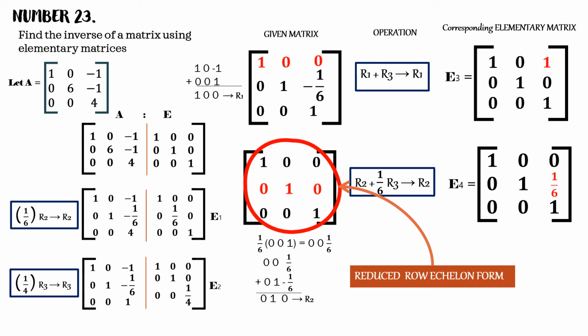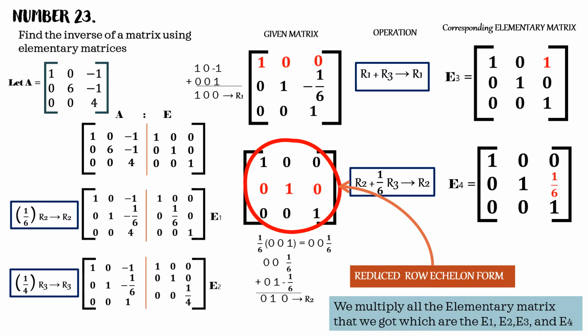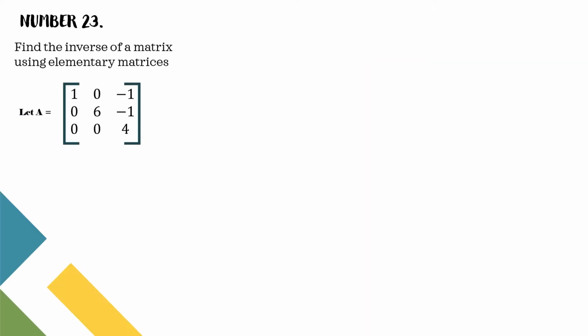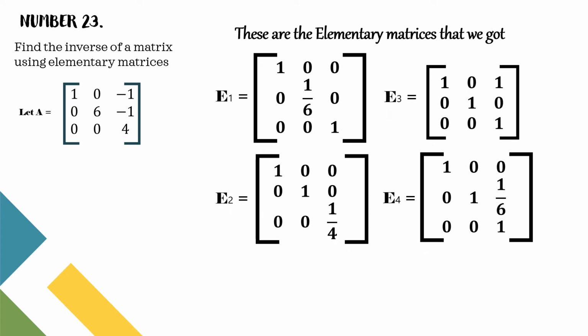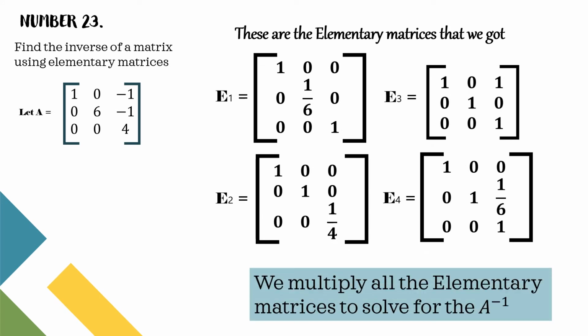Now, we focus on the elementary matrices that we got. These are the elementary matrices E1, E2, E3, and E4. We multiply all the elementary matrices to solve for A inverse, which number 23 is looking for.